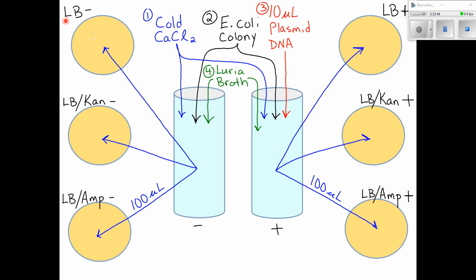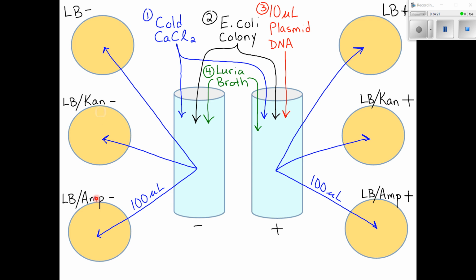2 of them are luria broth plates, LB. That means they have nothing on them but nutrition. There's nothing deadly on the plates, just good old-fashioned bacteria food based on something called luria broth. 2 of the plates will have luria broth, the good nutrient solution, but they'll also have kanamycin, which is an antibiotic that's very deadly to bacteria.